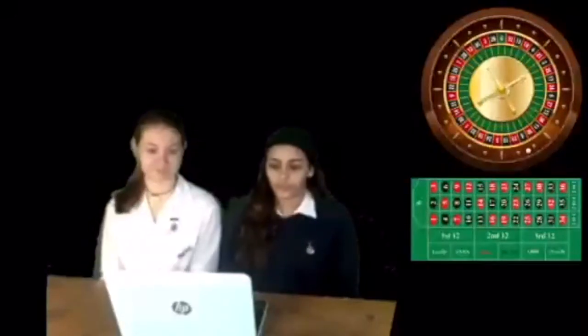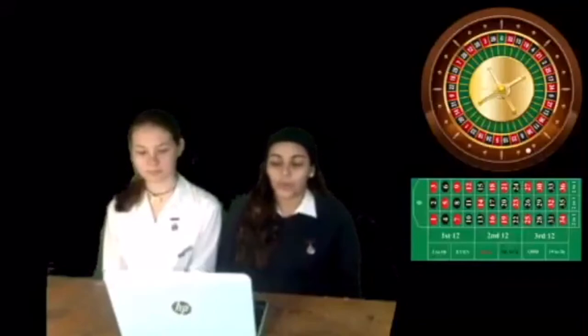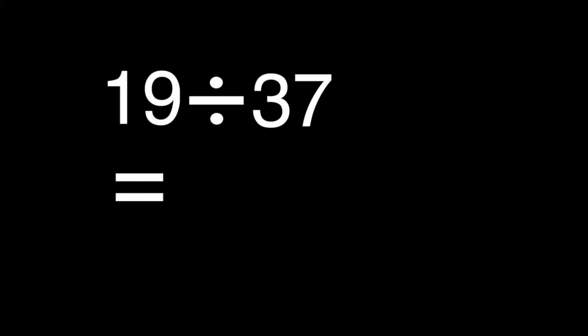Simply, this means that it is the weighted average of how much money you can win or lose. We know that the probability of winning is 18 divided by 37, which equals approximately 0.486, which is 48.6%. The probability of losing is 19 divided by 37, which equals approximately 0.514, which equals 51.4%.